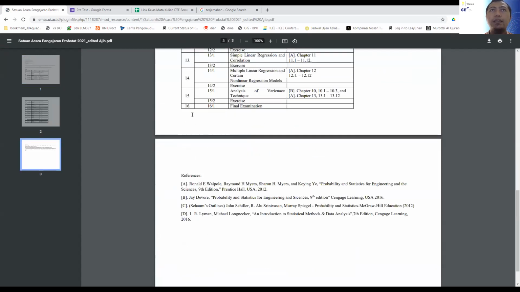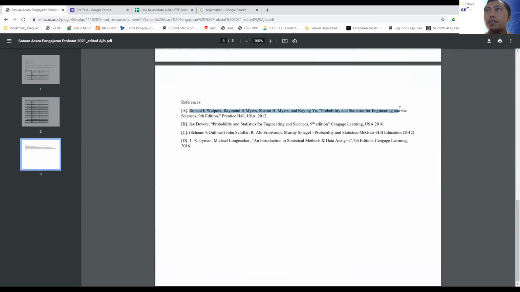At the end of this course description, there are many references used in this course. The primary reference is number A. The other is just a supplementary reference. You can use this book here actually.